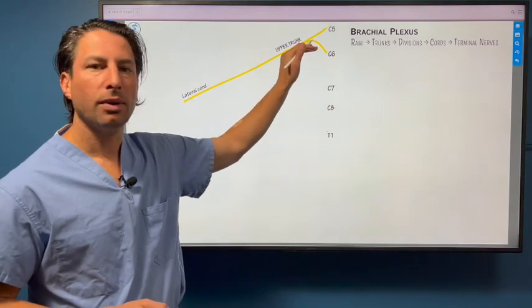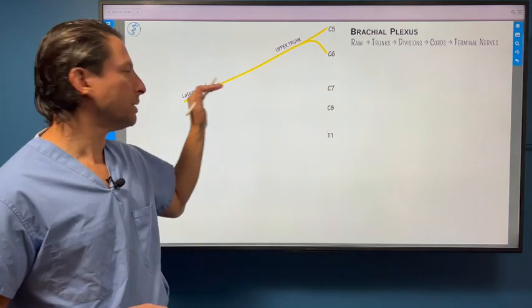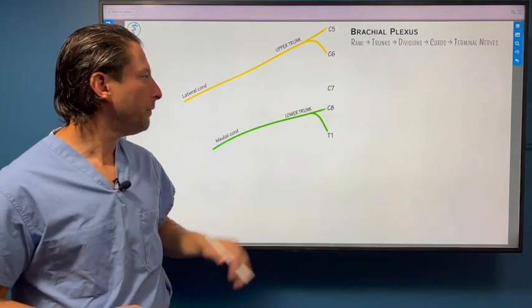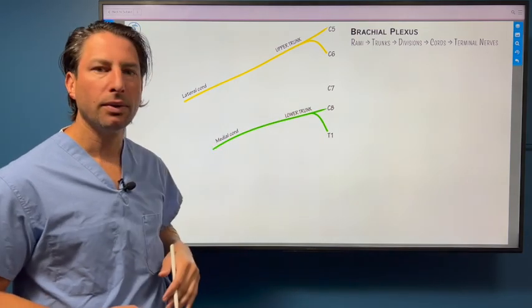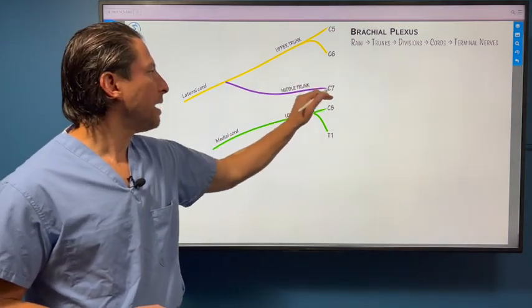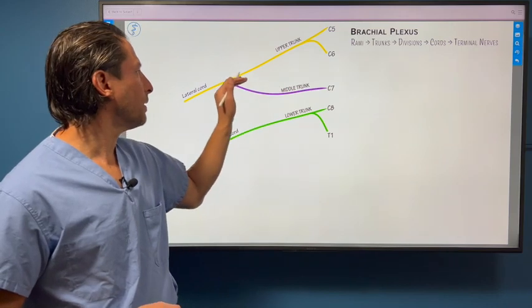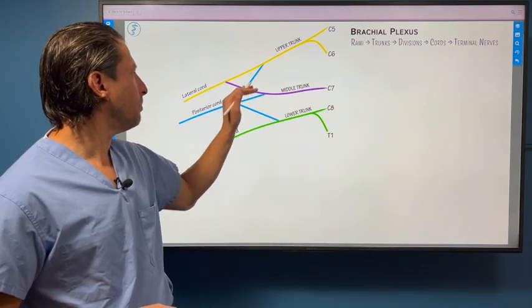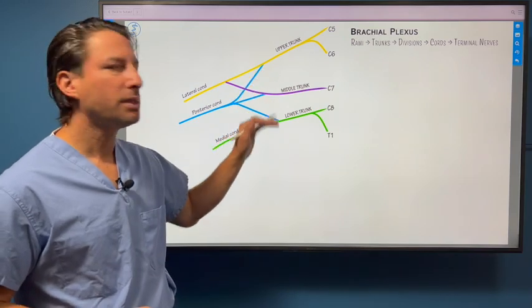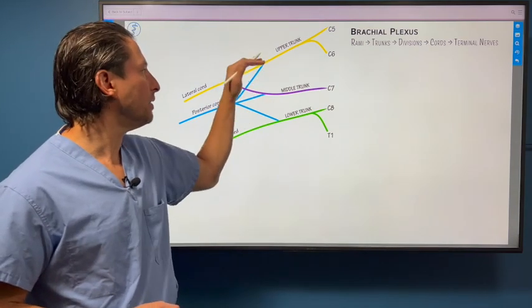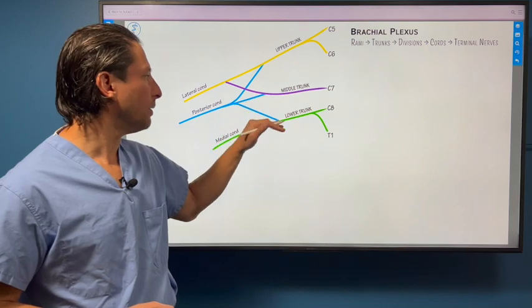C5 and C6 form the upper trunk, which then forms the lateral cord. C8 and T1 form the lower trunk, which then forms the medial cord. And then C7 forms the middle trunk here, and then the posterior cord is formed from posterior divisions of the upper, middle, and lower trunks.